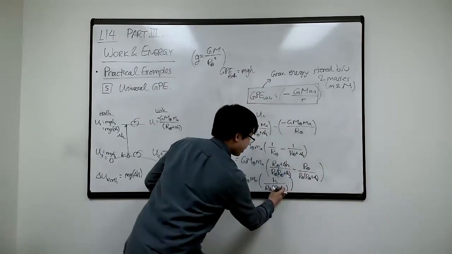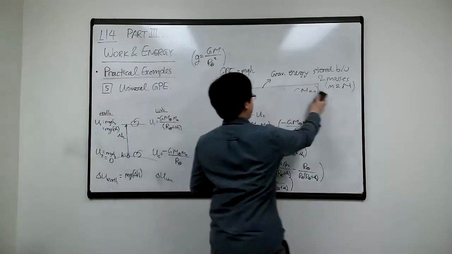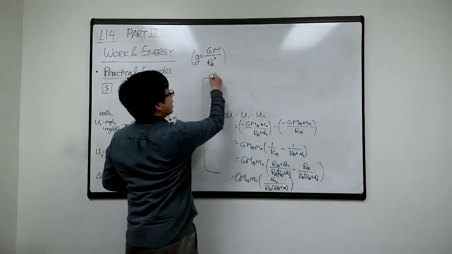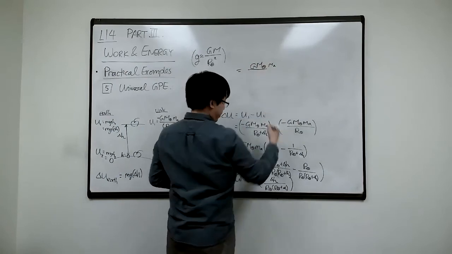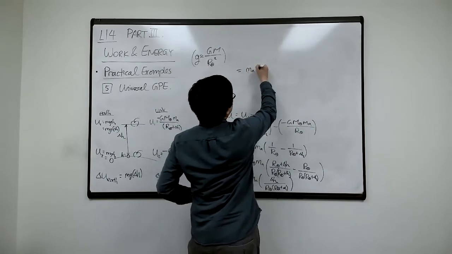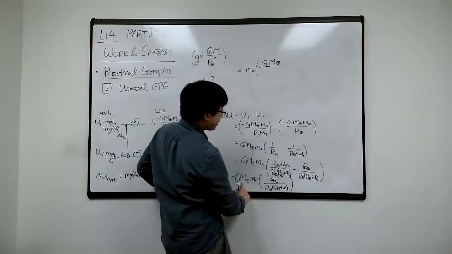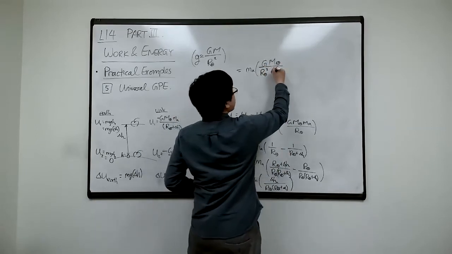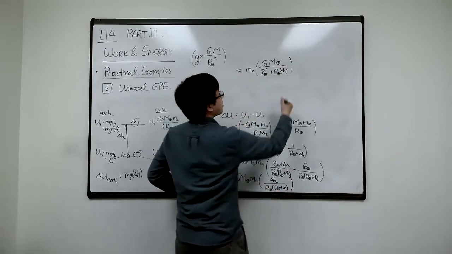So it equals G M Earth m apple, and let me put the m apple in front, times G M Earth divided by R Earth squared plus R Earth times delta H, multiplied by delta H.